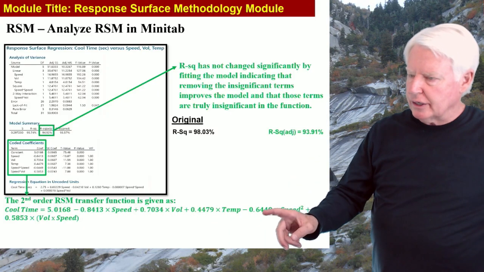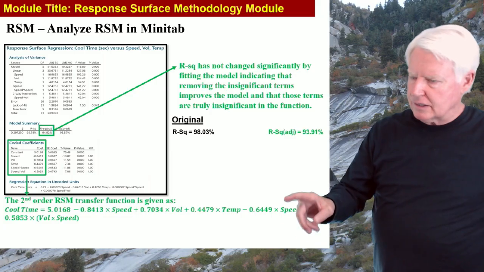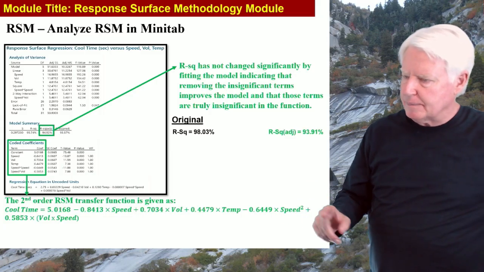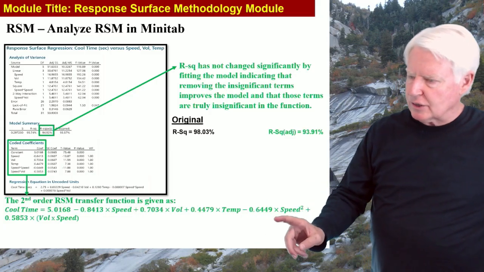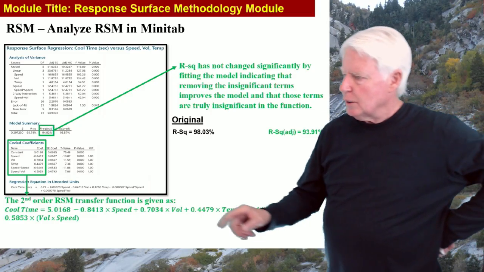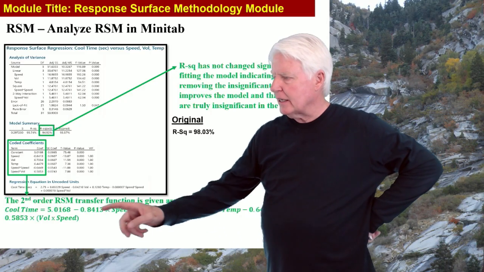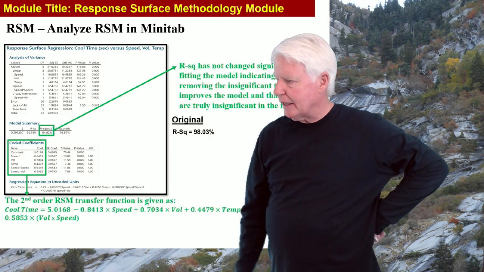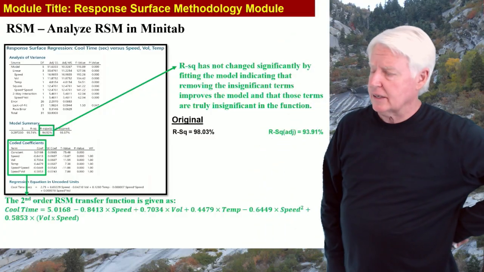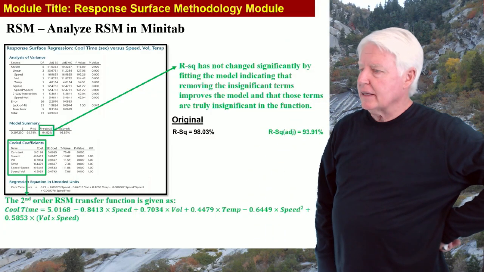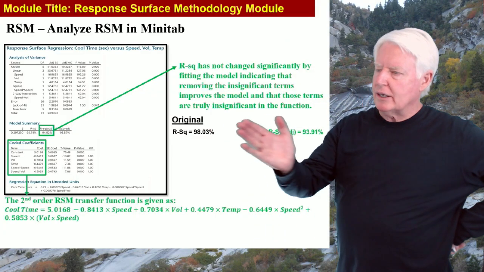And here's our squared term, which was statistically significant, remember, speed times speed. Minus 0.6449 times speed square plus 0.5853 times volume times speed. That's the two-way interaction that was statistically significant.